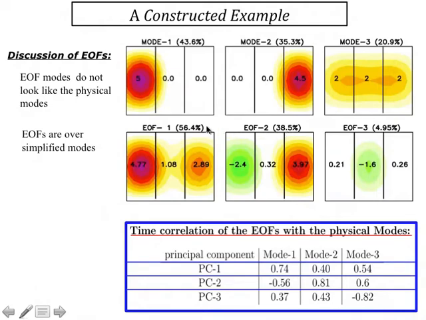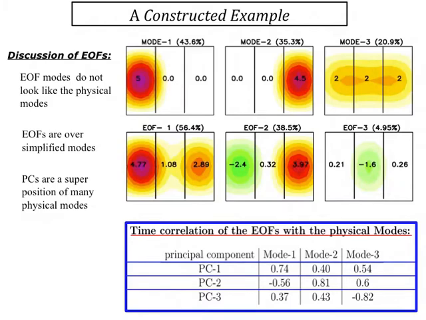So you would argue there's 2 modes going on and nothing else, because 95% of the data is the 2 modes. But this is not how I set it up. I set it up with 3 modes, and the third mode explains 21%. So the EOFs are oversimplifying things, making things sum up into 2 modes, where actually there should be 3 modes, and this is what you don't see in the EOFs. The third mode is much weaker and has a totally different structure from what we would think about the third mode.